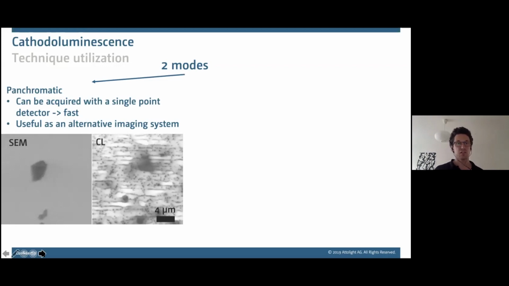You can see that the luminescence recorded does not correspond to any surface morphology recorded by the SEM. And you can also compare that to backscattered electrons and get some insights about the comparison to chemical contrast.